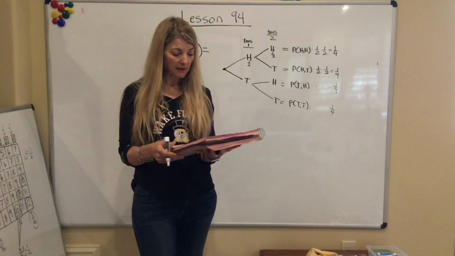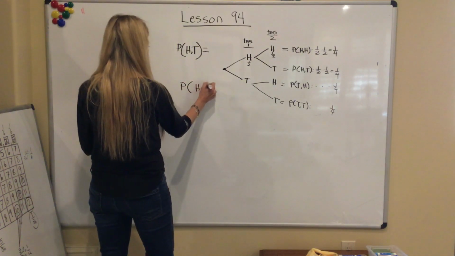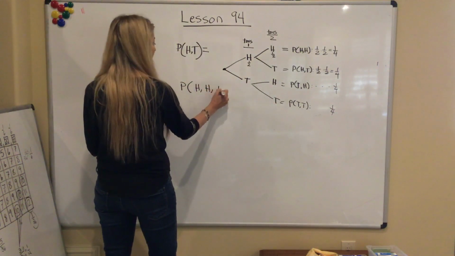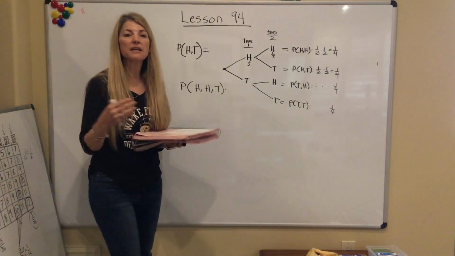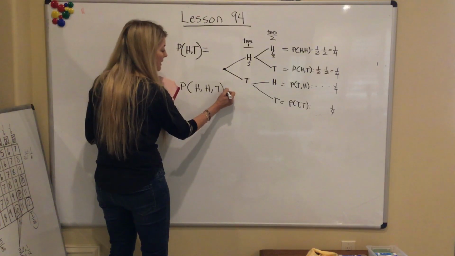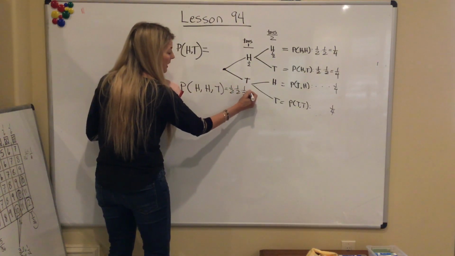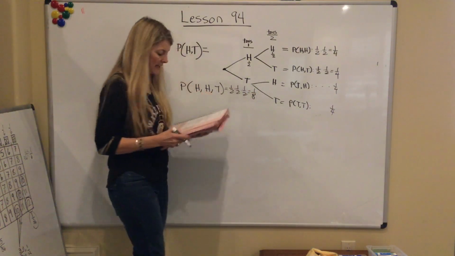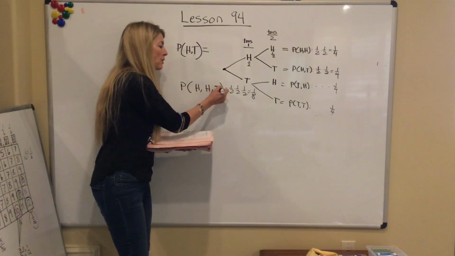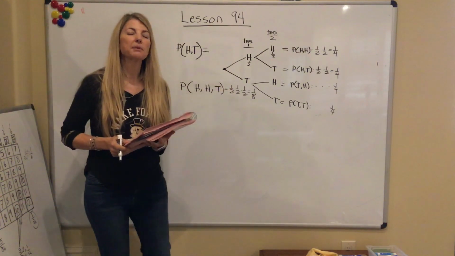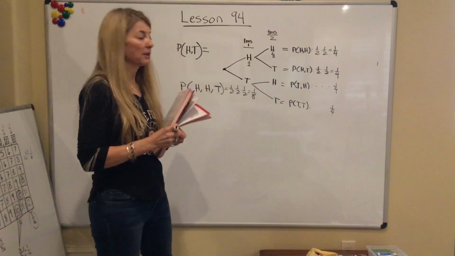It says the probability of getting heads, tails, heads in 3 tosses of a coin would just be multiplying the probabilities of each of these independent events: 1/2 times 1/2 times 1/2, which would be 1/8. We can line up as many of these as we want, and all you would do is keep multiplying the probabilities of each independent event. And we can do this with a coin toss.